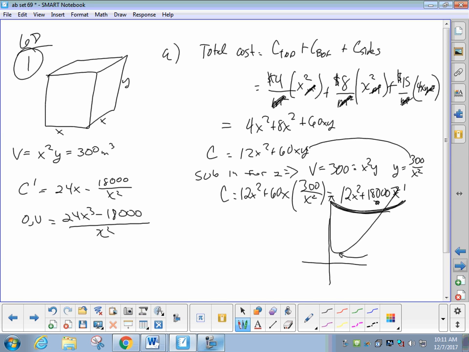So I will ignore that critical number and instead focus on 24x cubed minus 18,000 equals 0 at 18,000 divided by 24, cube rooted. Or I suppose the cube root of 4,000.